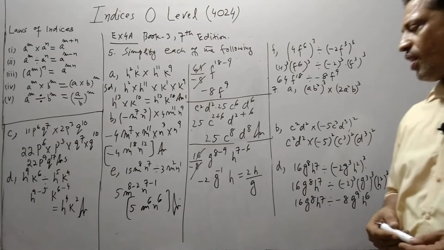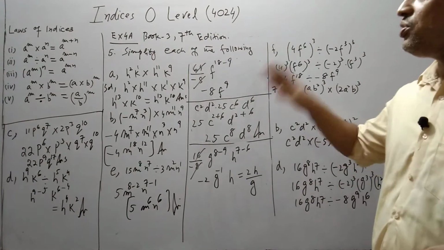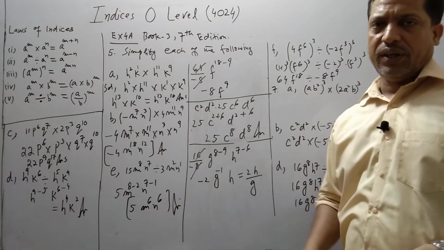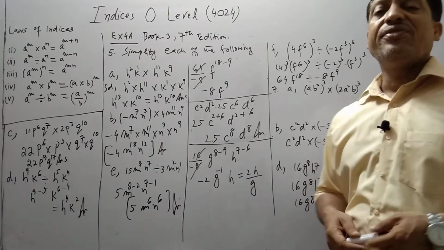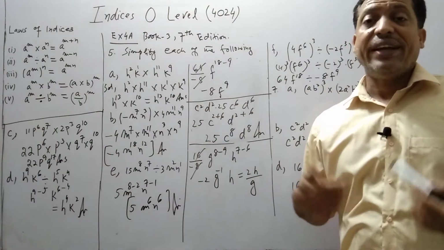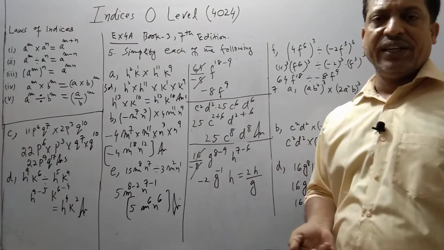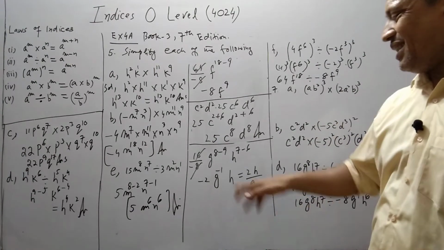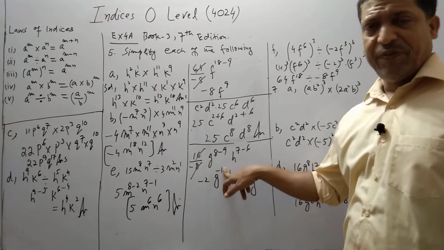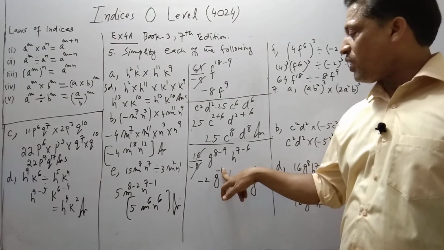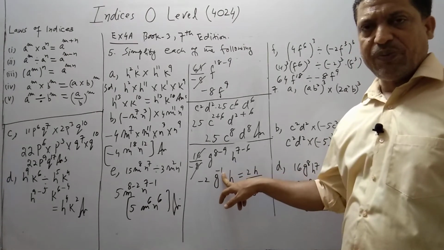Student, when you see the question, simplify the following, you always give the answer in positive indices. What is positive indices? The positive power. In this case, we have negative power G minus 1. So how to convert negative power to positive power?